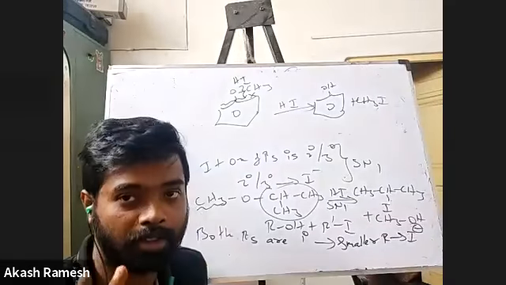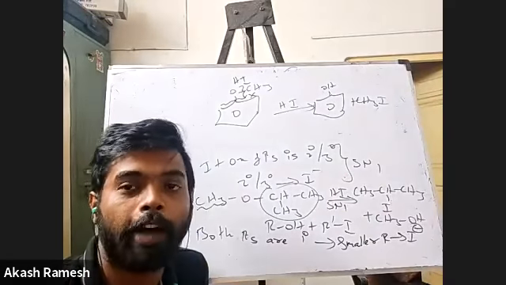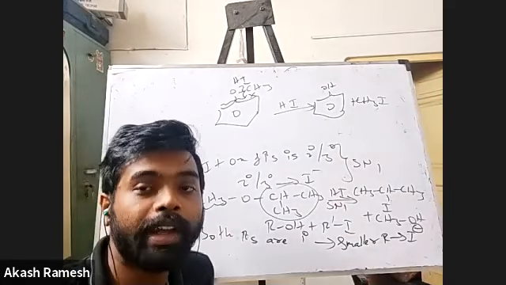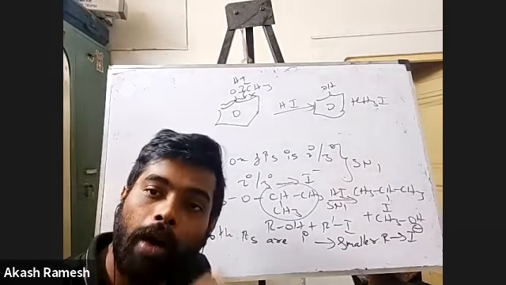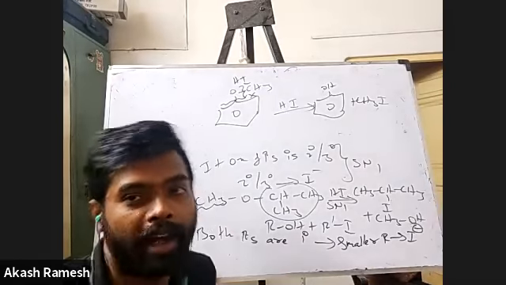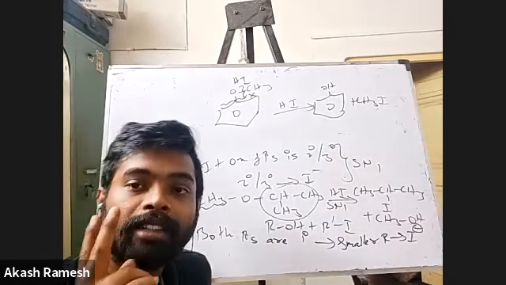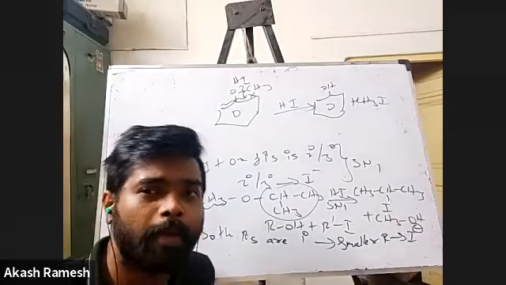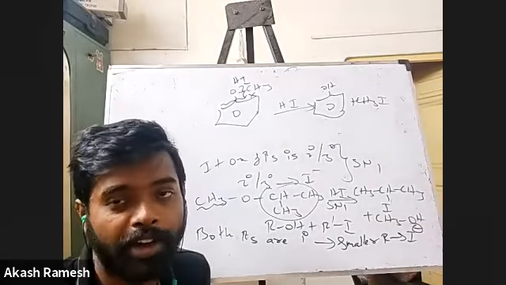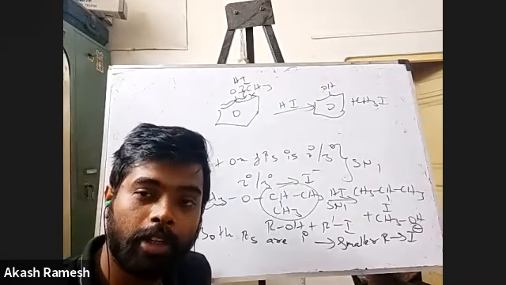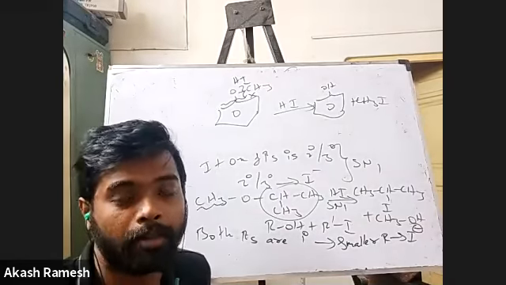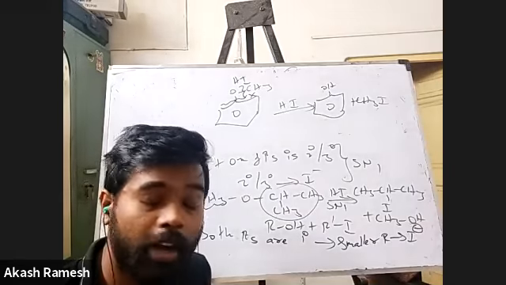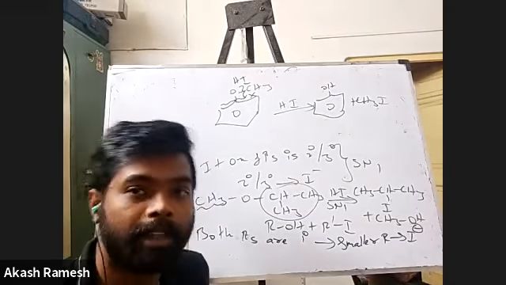So there are three cases. First case, when both the alkyl groups are primary, it is going to undergo the SN2 mechanism, and the smaller alkyl group gets the halide. Second case, if one is primary and the other is secondary or tertiary, it follows the SN1 mechanism, so the secondary or tertiary alkyl group gets the halide.